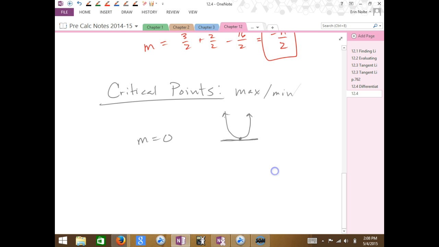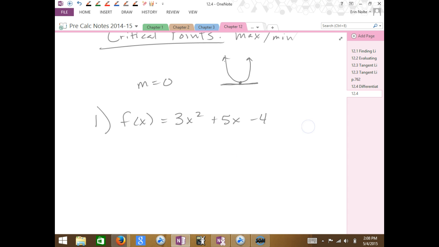Okay, so this is really cool, I think. If they ask you to find a critical point or a min or max of a function, so let's just do a parabola. Let's do 3x squared plus 5x minus 4. You can find the vertex of this using algebra, which we've done way back in the first quarter, or you can find the vertex of this by using calculus.